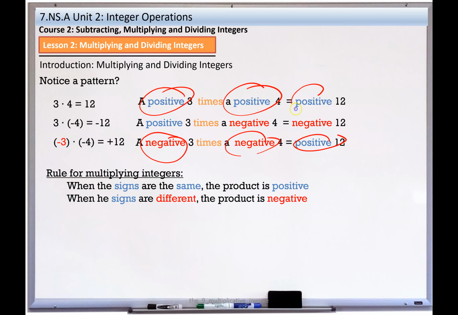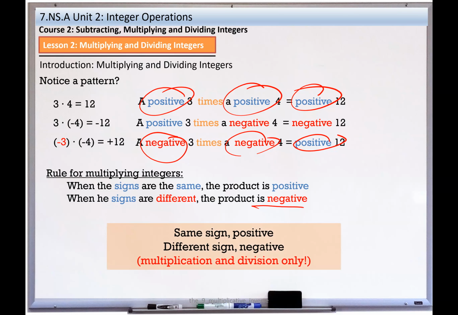Positive, positive gives me a positive. When my signs are different, my product is negative. Same sign positive, different sign negative. And please remember, this is only true for multiplication and division.